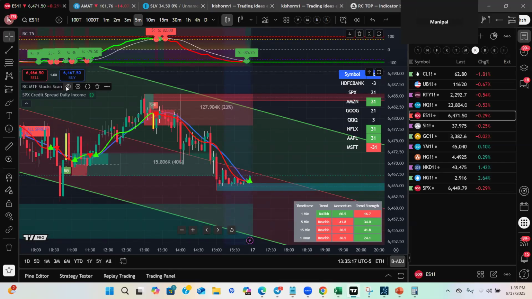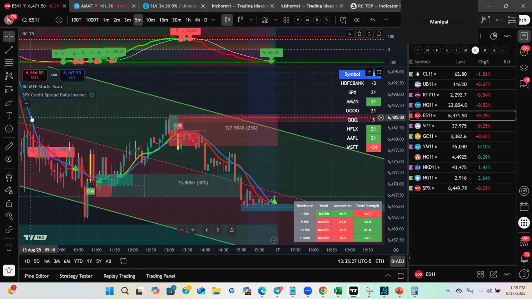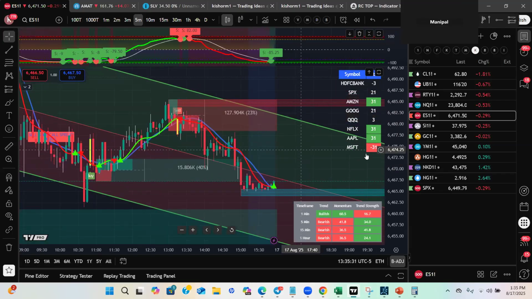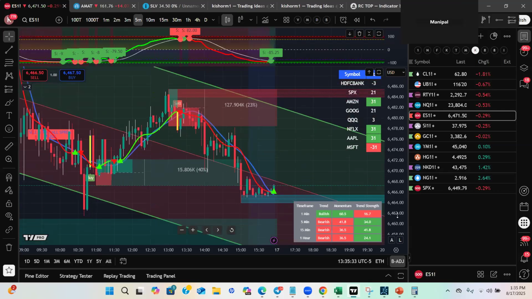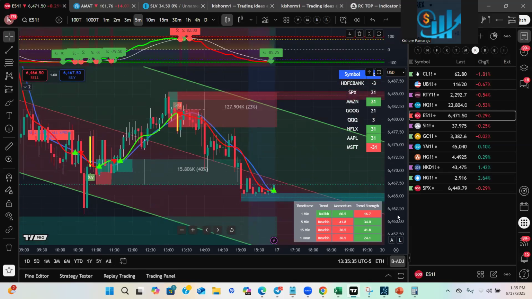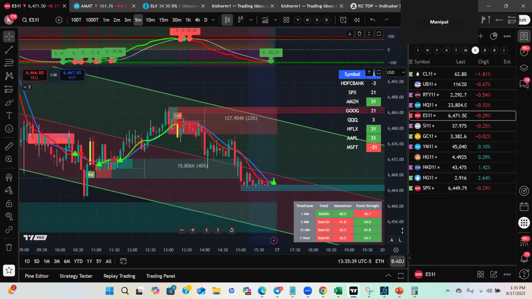Okay, MTF stock scan, daily income, and the third one? The RCT5. Okay, got it. And these three we have in one plan, three indicators. That is right. And 350, that is per month, right? Right, yeah. Okay, thank you.